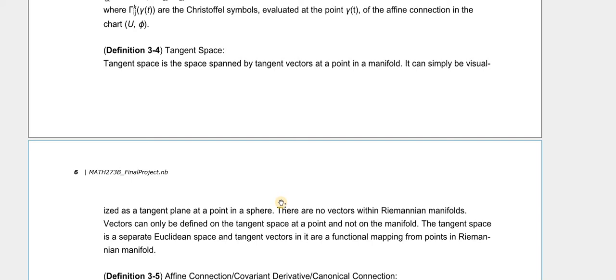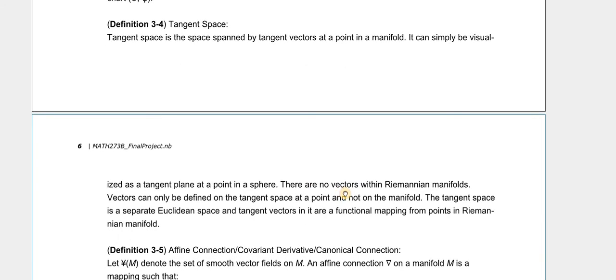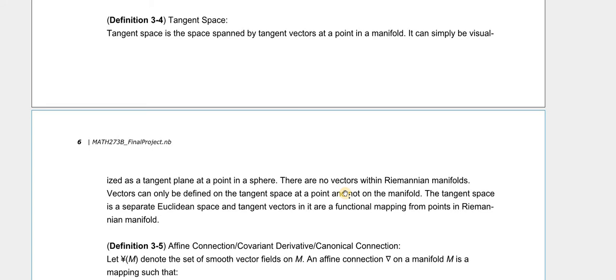So having a sphere, at each point of the sphere you have a plane that's tangent to that point, and that is your tangent space for each point. And just to repeat this, which I'll be talking about more and it's going to become clear, there are no vectors in a Riemannian manifold. Vectors are only defined in a tangent space. So that's this tangent plane, the tangent space defined at a point in the manifold.